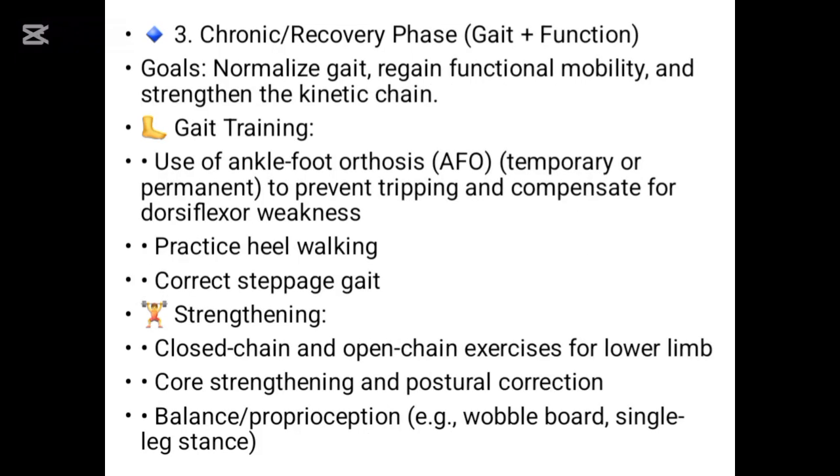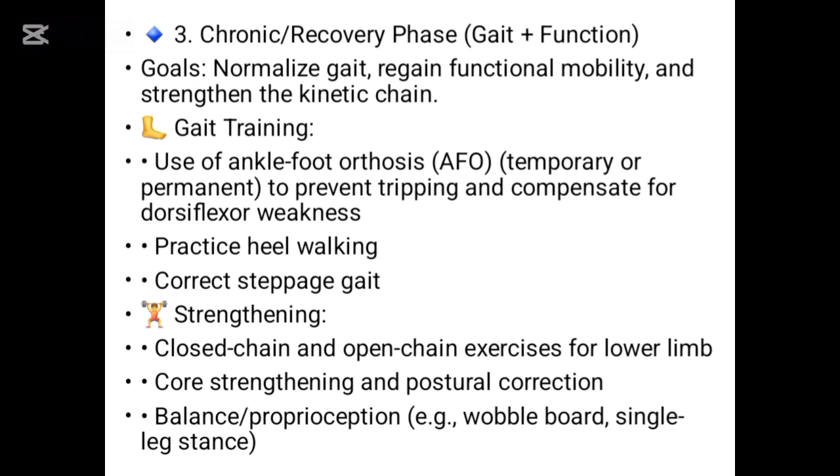Chronic phase is basically the recovery phase, which focuses on gait and function, improving them through strengthening and gait training. Gait training involves simple walking and an ankle foot orthosis, which are orthotic measures that can be given to the patient.